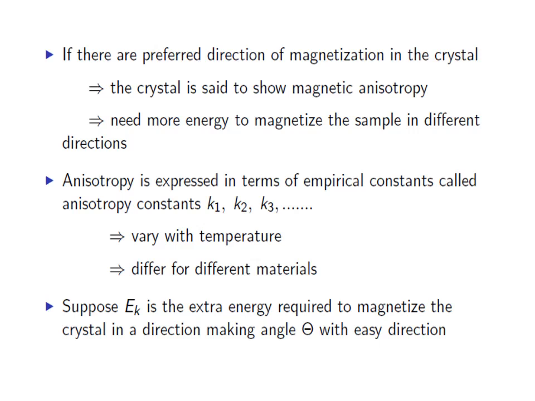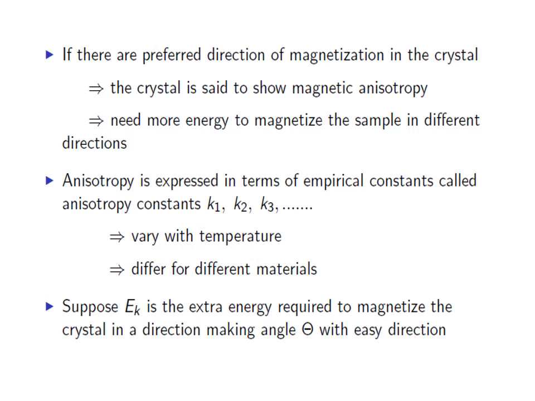Anisotropy is expressed in terms of K1, K2, K3 and so on. K1, K2, K3 depend on temperature. Also, they are different for different materials.